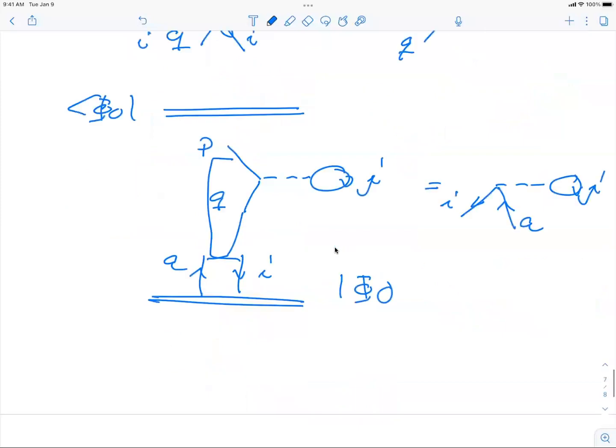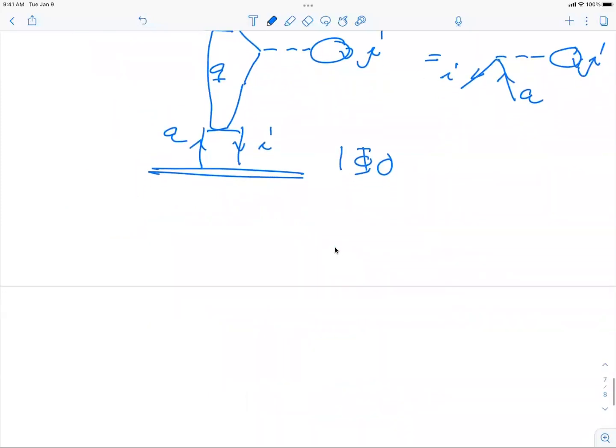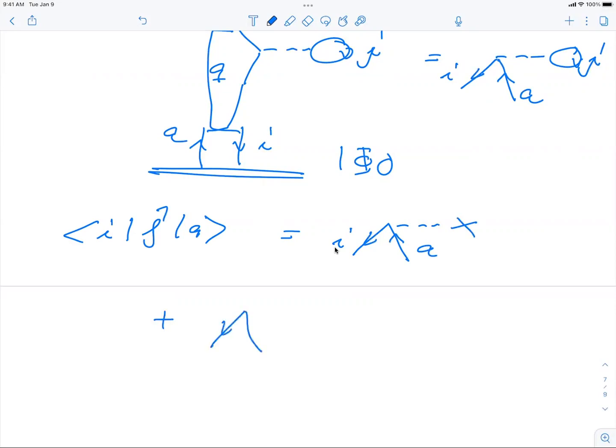So it means now that if I look at the total matrix element IF of A, that is going to contain this term here. And then I have this one-body operator. And then I'm going to have an additional term where I get a correction from the vacuum states.